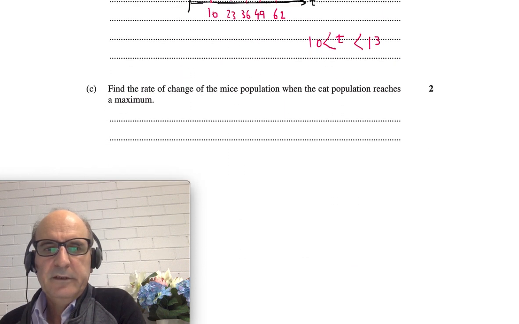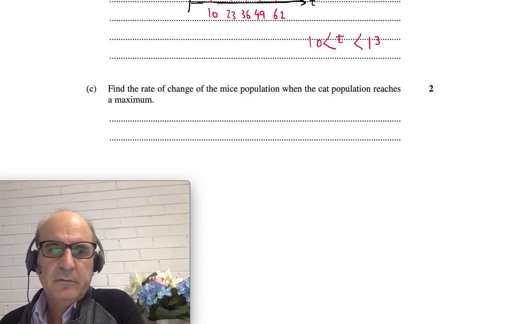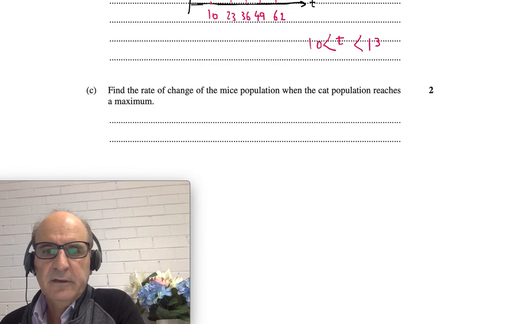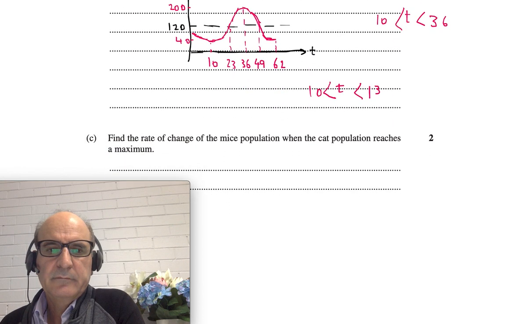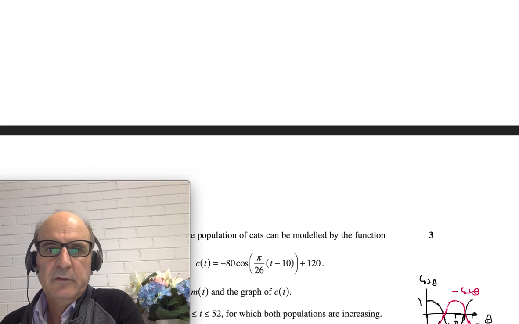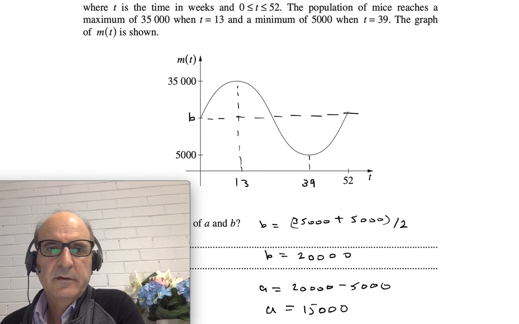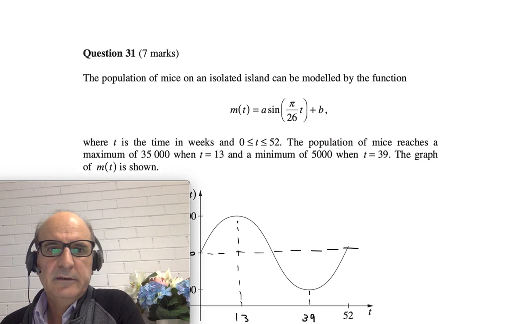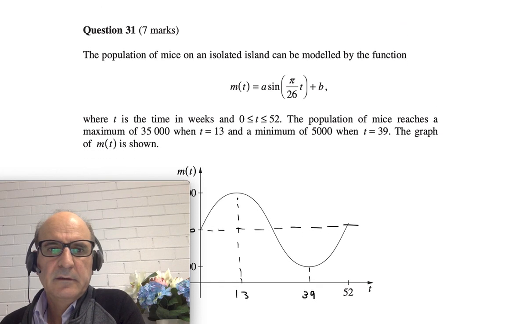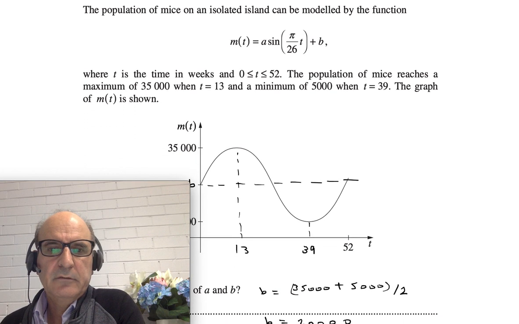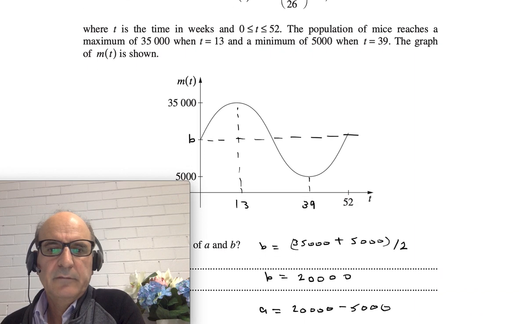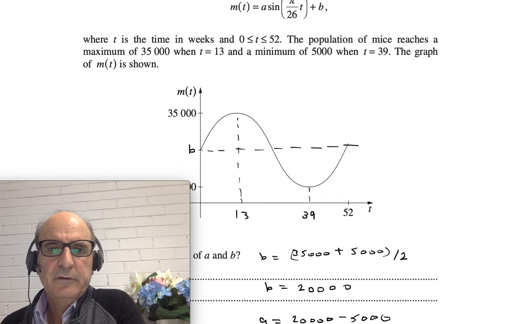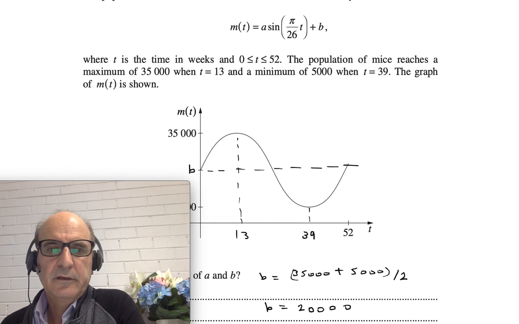And part C, find the rate of change of the mice population when the cat population reaches a maximum. So, rate of the change of mice. So for mice, we had this. M(t) is equal to A, which was 15,000. So I write it on the next page.